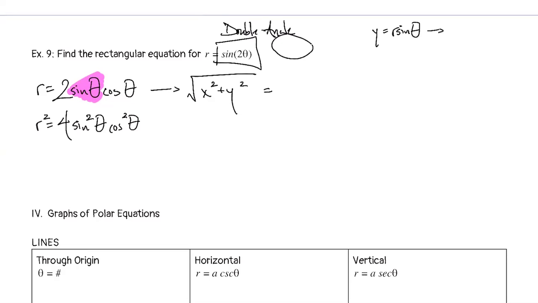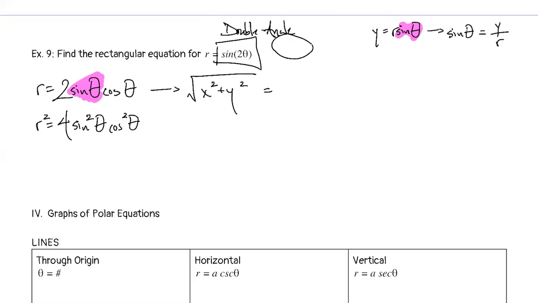How do you match just the sine theta part? Like sine theta equals what? y divided by r. Yeah, y divided by r.